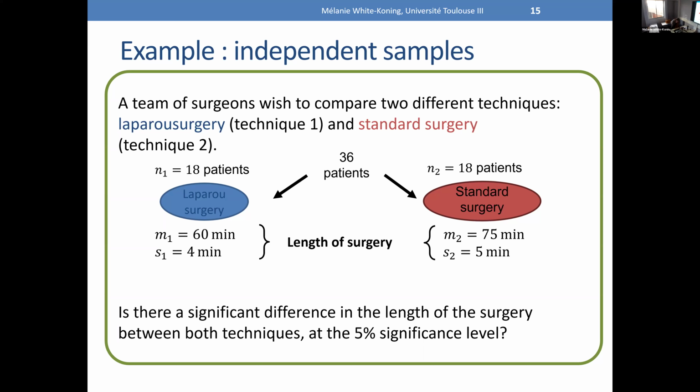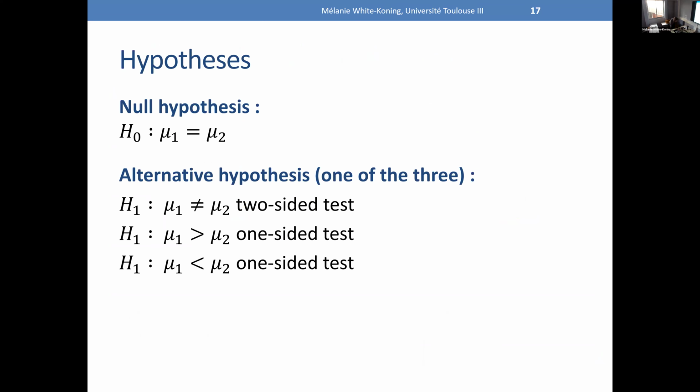Yeah, that's right. So we can write it. I'm repeating for everyone here. H0 is mu1, the real mean duration of the first type of surgery, is equal to mu2, the real mean duration of the second type of surgery.